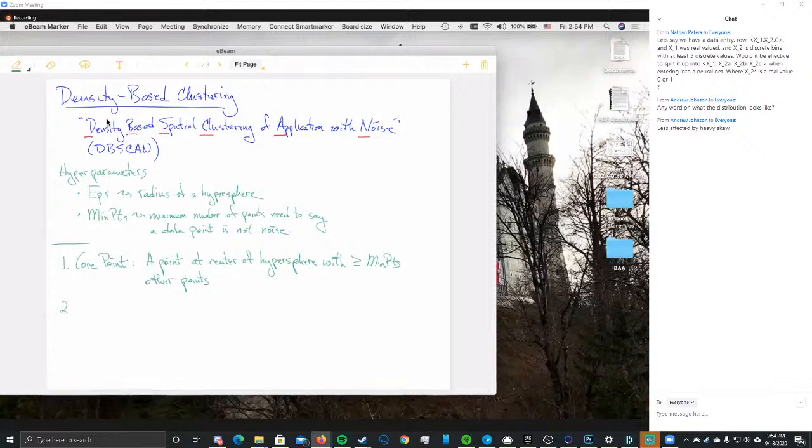We will also define what's called a border point, which is a point falling within another core point's hypersphere that is not a core point itself.